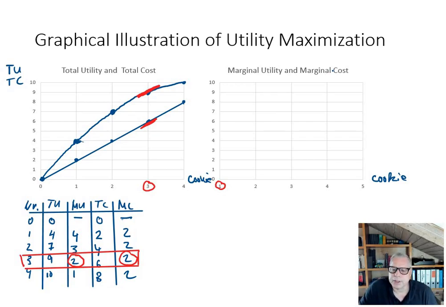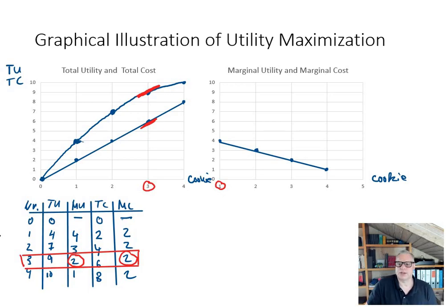So the marginal utility here is 4, then 3, then at 3 cookies it is 2, and at 4 cookies it is 1. So the marginal utility function is a downward sloped line which captures the idea of the diminishing marginal utility.